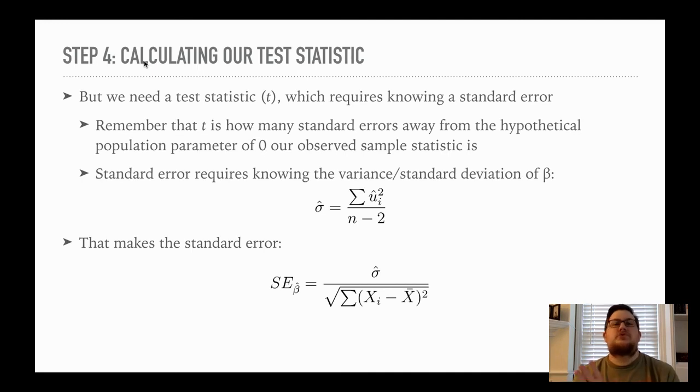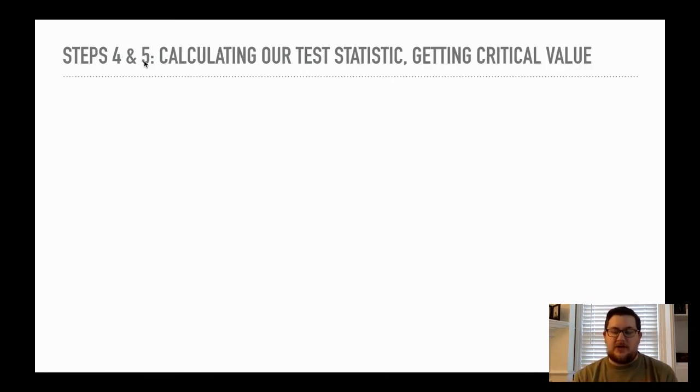I'm not going to worry about walking you through that. Suffice it to say that the greater the spread, divided by the square root of a greater spread, that gives us our standard error. This makes t that. Really straightforward. It ends up just being our estimate of beta divided by that standard error.